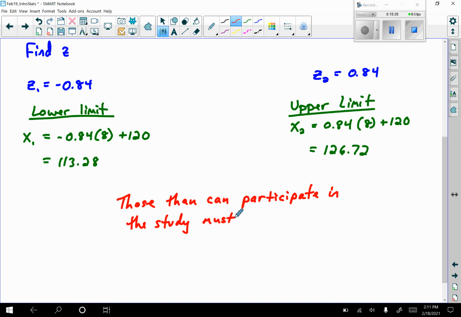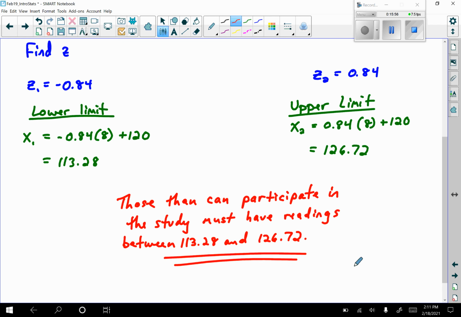And again, you could use these decimals, or you could say 113 to 127 if you wanted to. All right, but just some more examples dealing with the standard normal distribution.